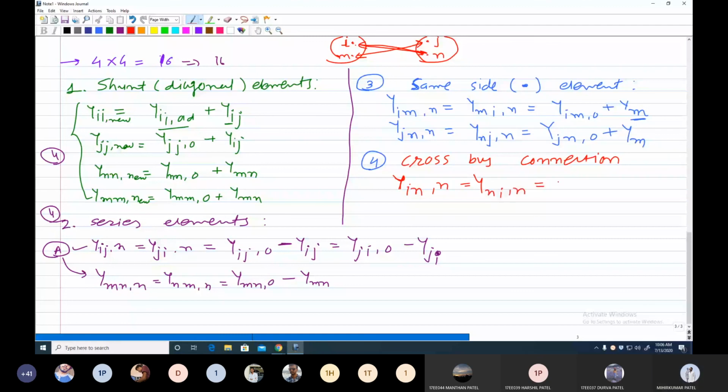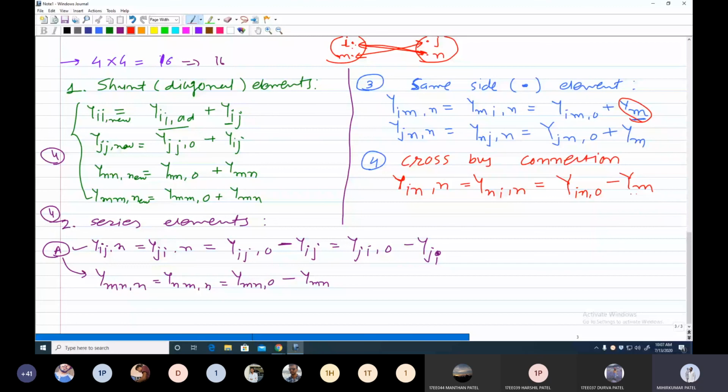YIN new is equal to YNI new, which is equal to YIN old, the old parameter will remain same, now minus the mutual admittance. Clear? So for the same side, you have to add this mutual admittance, and for the cross side, you have to subtract this mutual admittance.